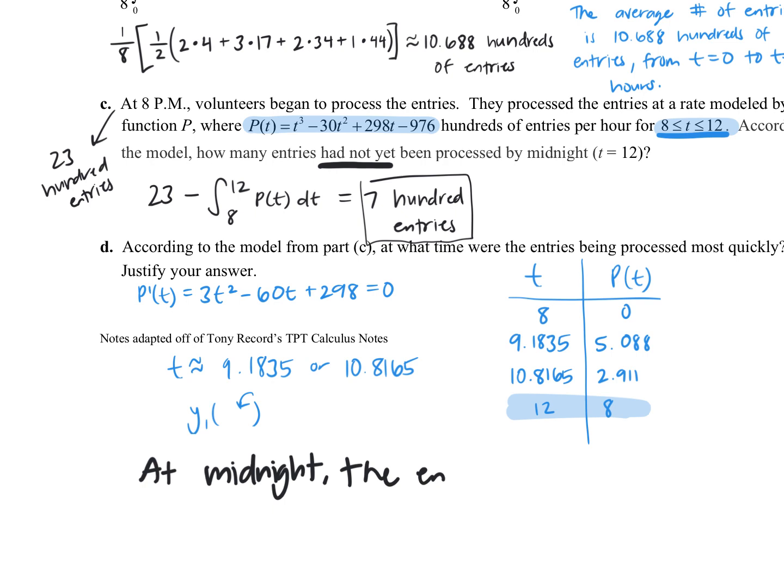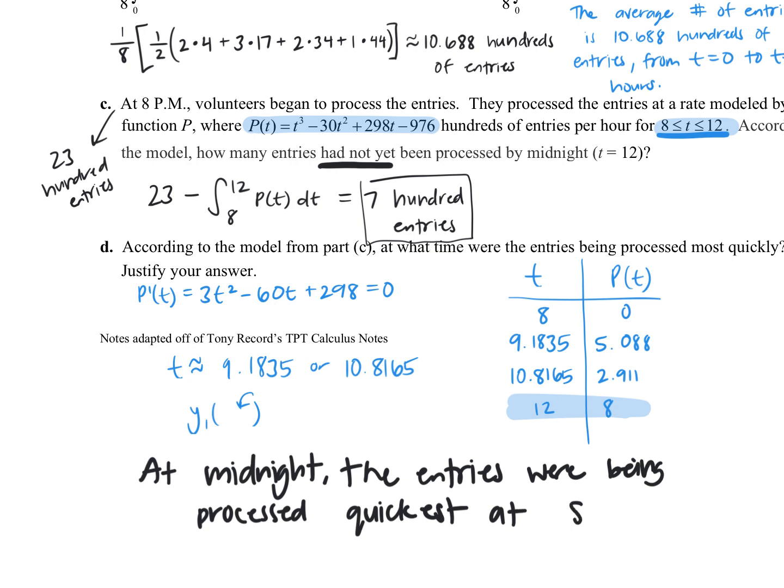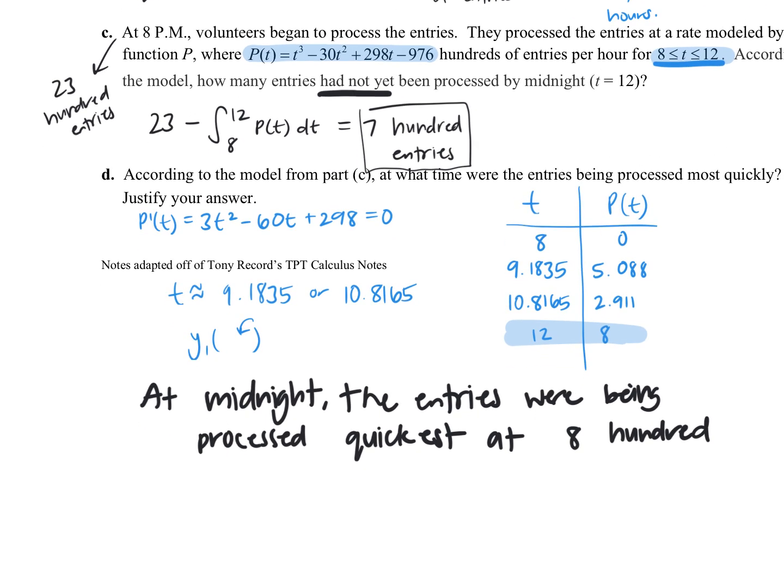The entries were being processed quickest at 800 entries per hour.